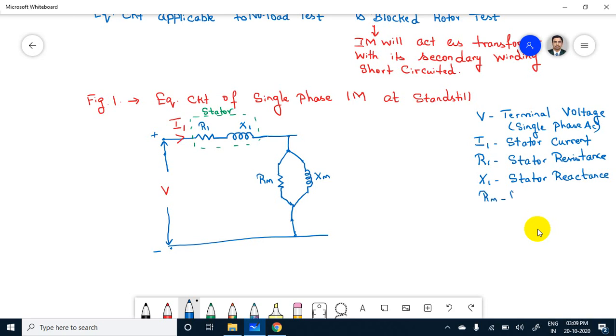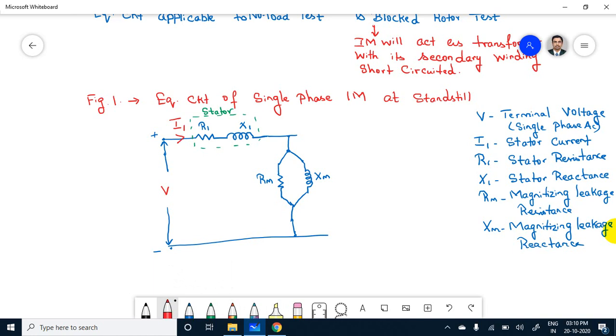Rm stands for magnetizing leakage resistance, and Xm is the magnetizing leakage reactance. Leakage reactance.